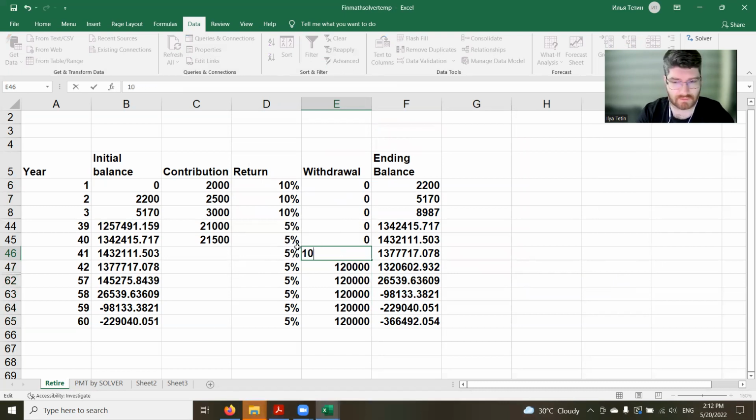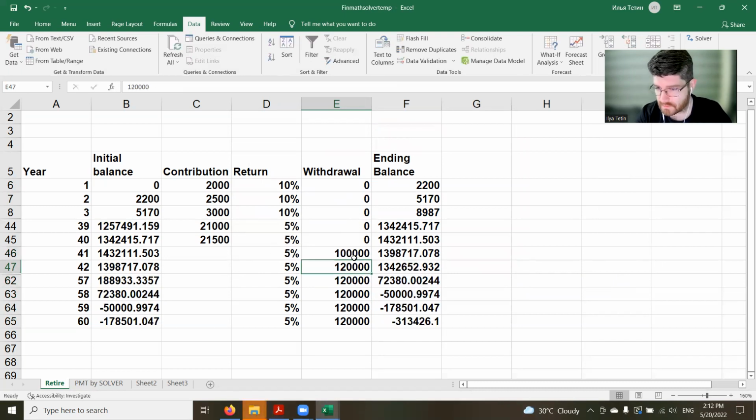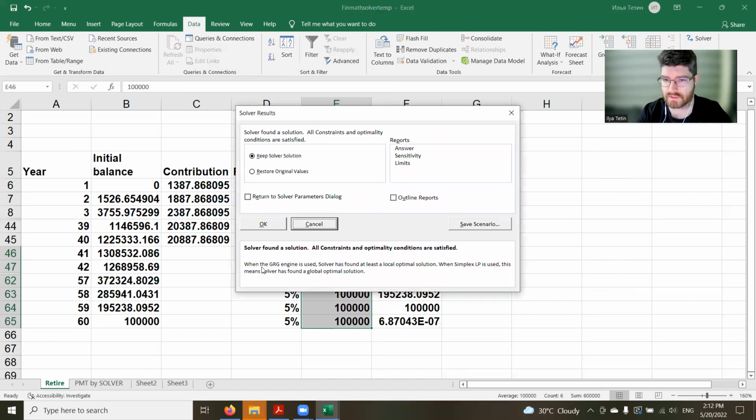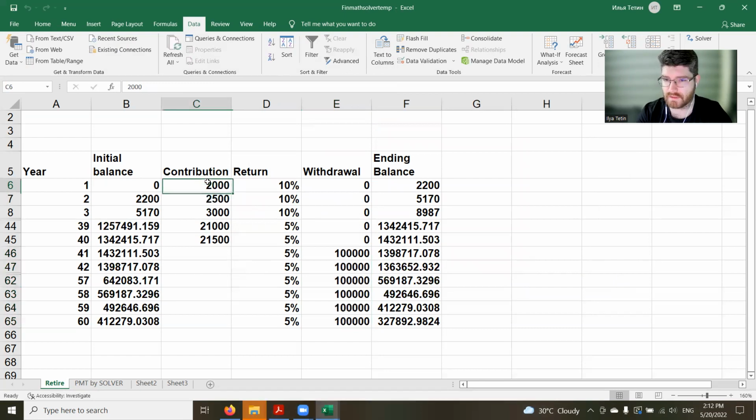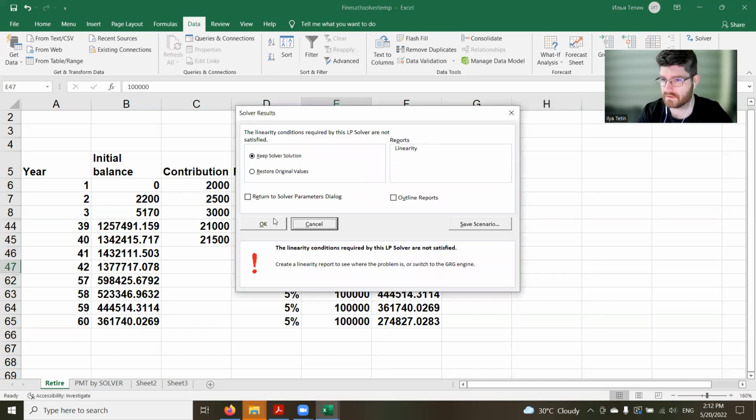Okay, let's return to the initial one. Do we have the solution working, or is it just the solver which doesn't work? It worked. 120 with this kind of thing. Linearity condition.